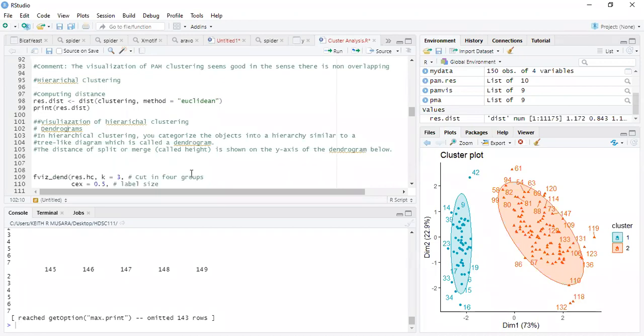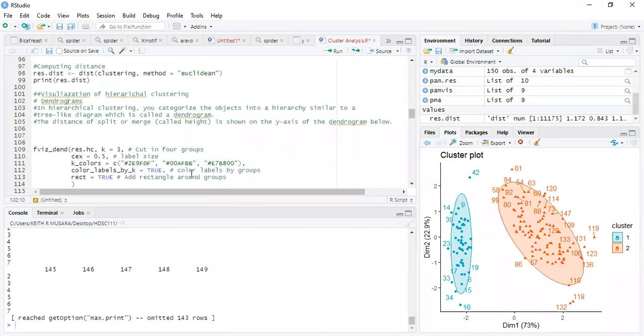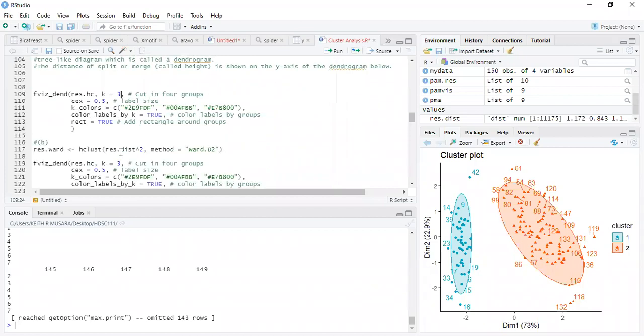So in hierarchical clustering, since we have used k-means and PALM, we can now suggest the number of clusters that you can probably fit for our data. I think there was a mistake that I made here.